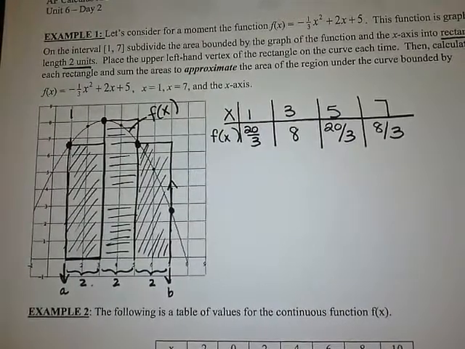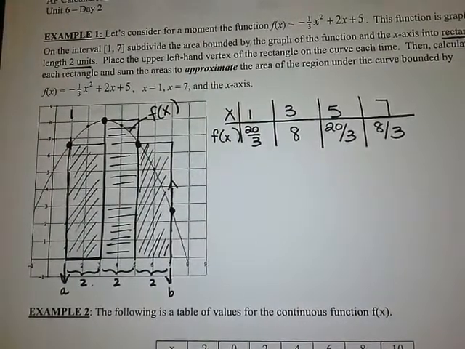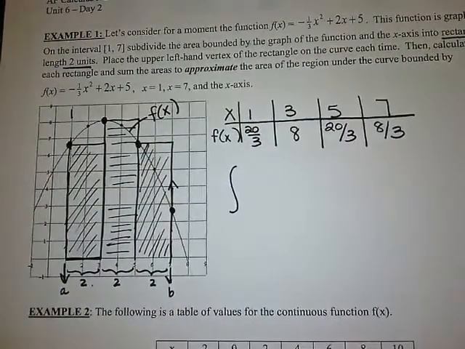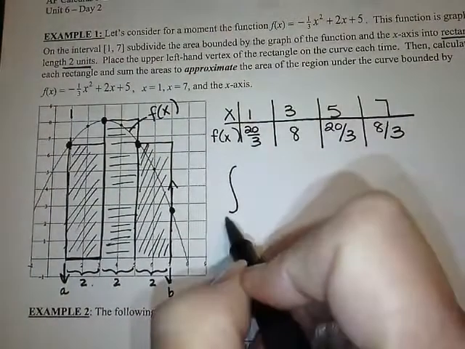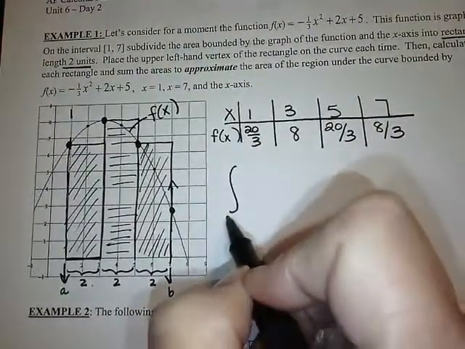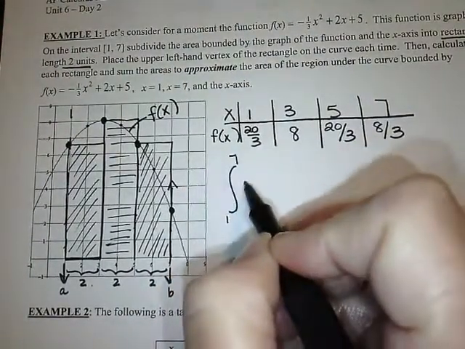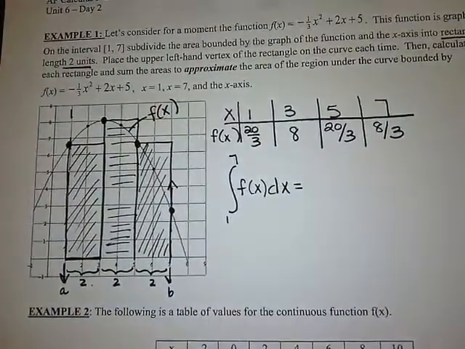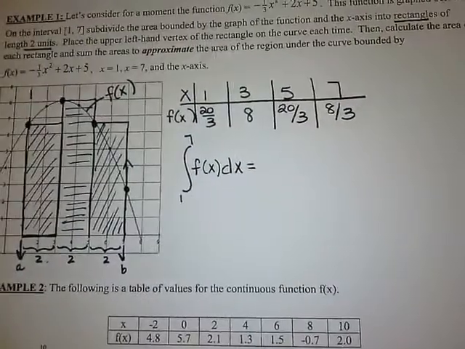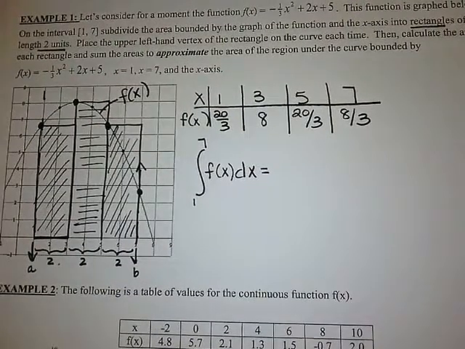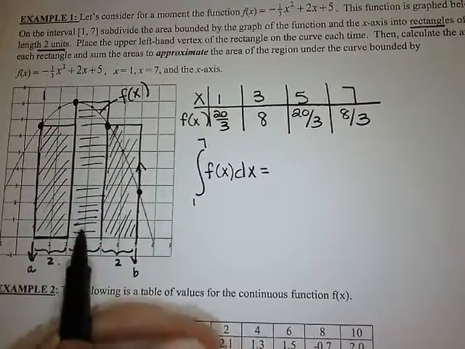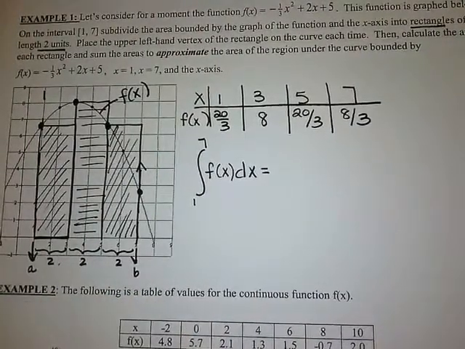All right, so now I'm going to estimate the area. I want the area from 1 to 7 of the function f of x dx. Okay, so I'm going to use my left Riemann sum to do this. Remember that means I basically want the area of these 3 rectangles.